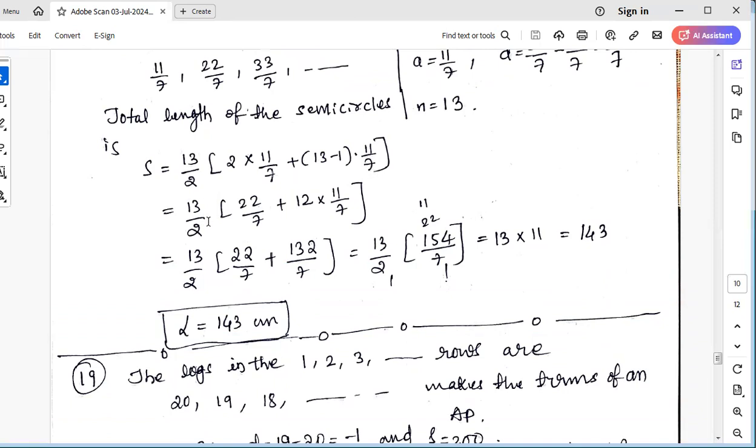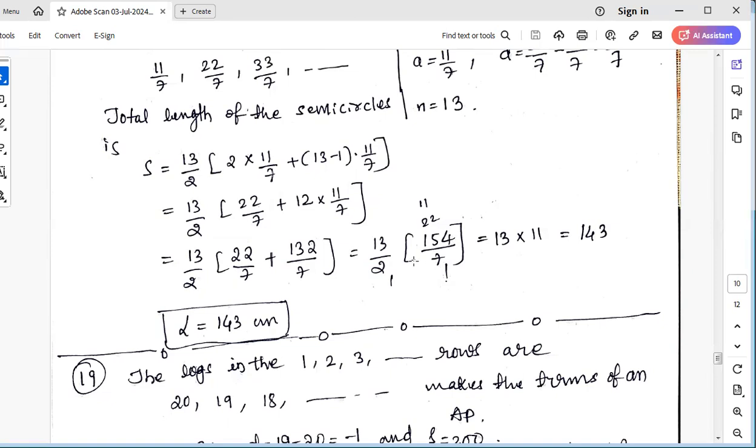So this is equal to 13 by 2 into 22 by 7 plus 12 into 11 by 7. So this is equal to 13 by 2 into 22 by 7 plus 12 into 11, that is 132, divided by 7. This is equal to 13 by 2 into, with LCM 7, summing these two it becomes 154 by 7.